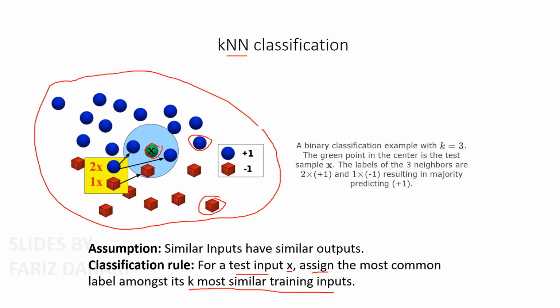And the task is binary classification. We shall also set the k, the number of nearest neighbors we are considering. Let's suppose that k is 3. So 3 nearest neighbors, okay?